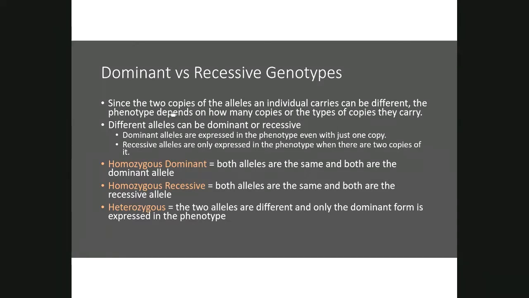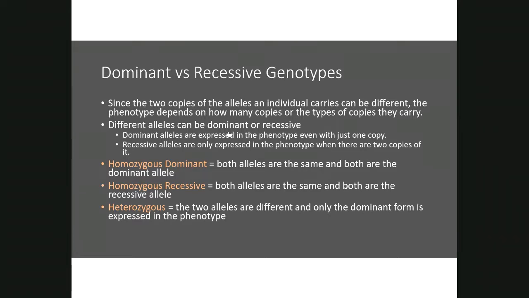So the rule is if you have a dominant allele, even if it's just one, it gets expressed, and the recessive allele does not get expressed. Recessive alleles, in order for them to be expressed, you will need two copies of them. In other words, the absence of the dominant.